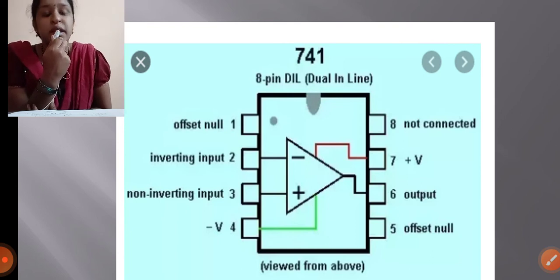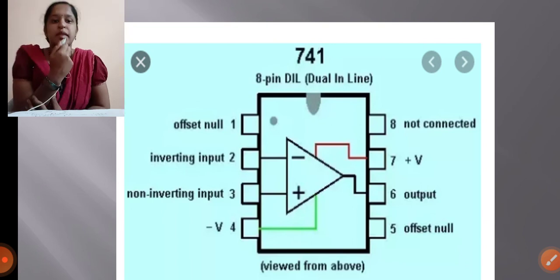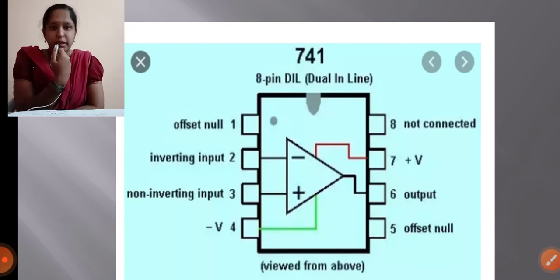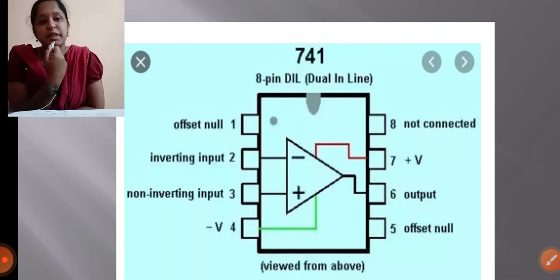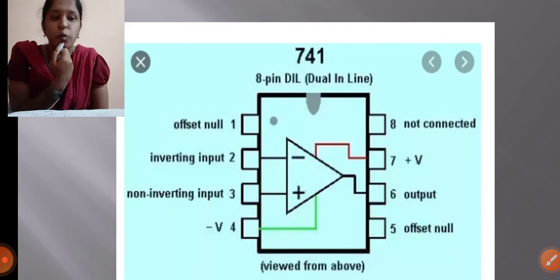Pin 3 is non-inverting input. Pin 4 is minus V. Pin 5 is offset null. Pin 6 is output. Pin 7 is plus V. Pin 8 is not connected, otherwise we can call it NC.